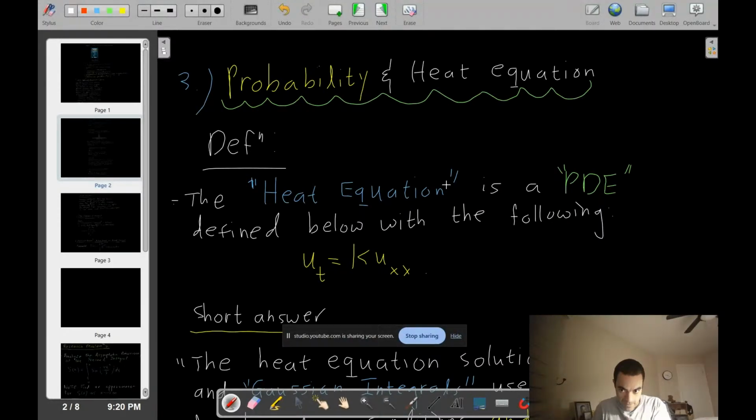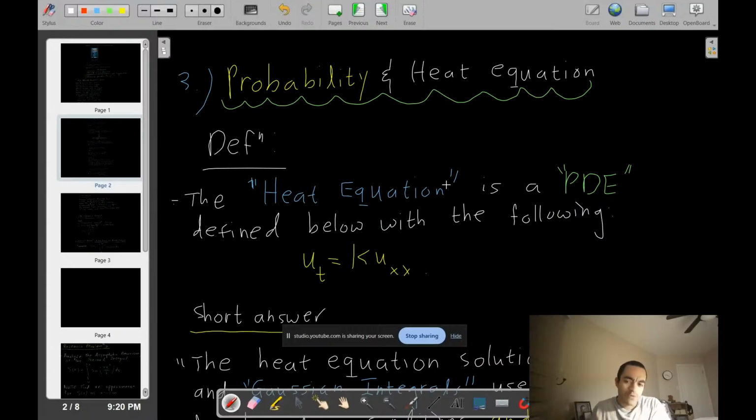We're not going to talk about PDEs in depth. We're just going to say that a PDE is a partial differential equation. There's a numerical way to solve PDEs, which is easy, and then there's a hard way. We're not going near either one, but I'm just going to give you the general lowdown here.